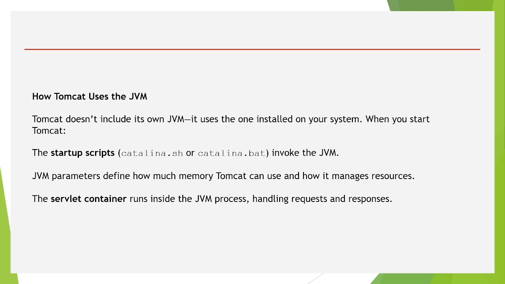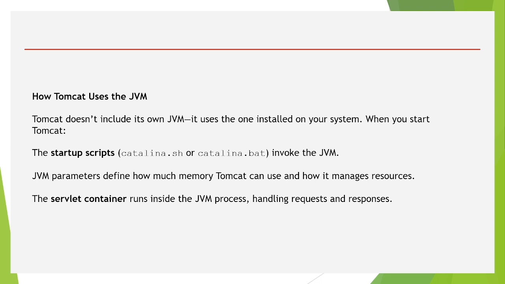Make sure your JVM parameters are less than the physical memory. The servlet container runs inside the JVM process and handles requests and responses. So the process is running inside a JVM and is handling the request and response.